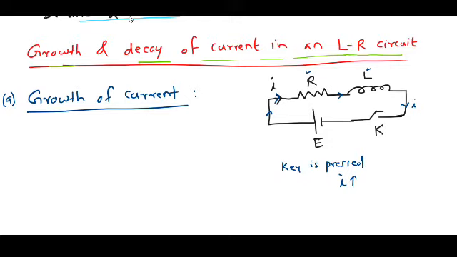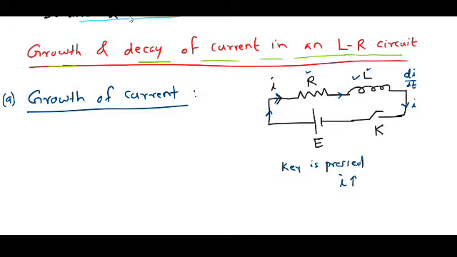If there is a rate of change of current, that is di by dt, in the circuit, then the flux through the coil changes. Because of the increase of the current and the increasing flux, a self EMF will be induced in this coil.